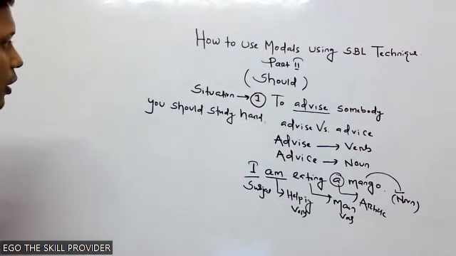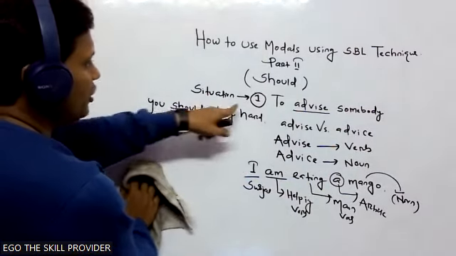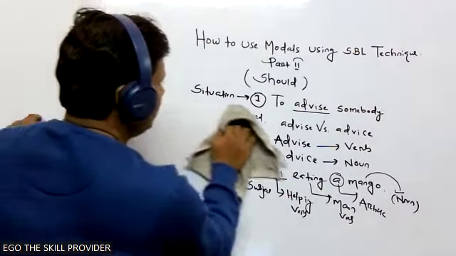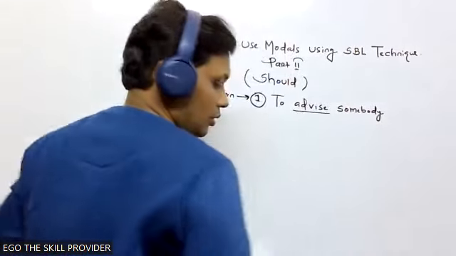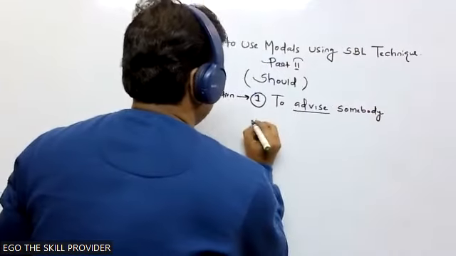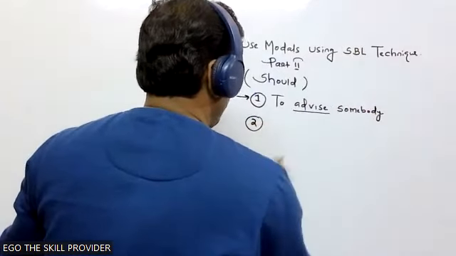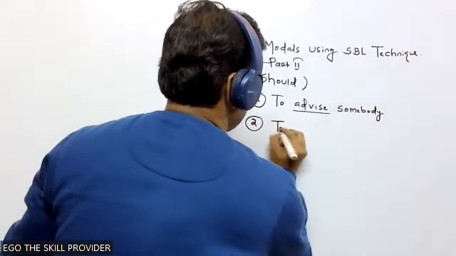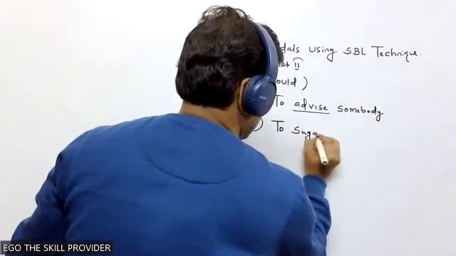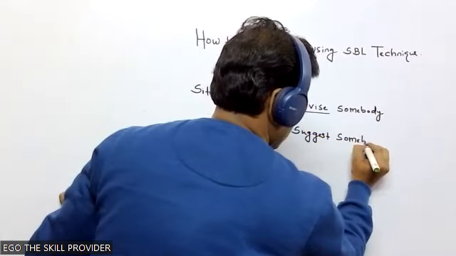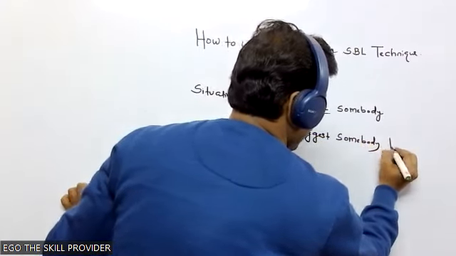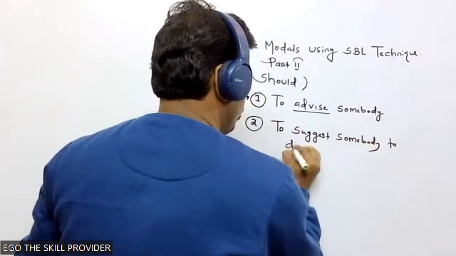Very good. Okay, right now this is the situation number one. What is the situation number two? Situation number two is whenever you suggest somebody to do something.